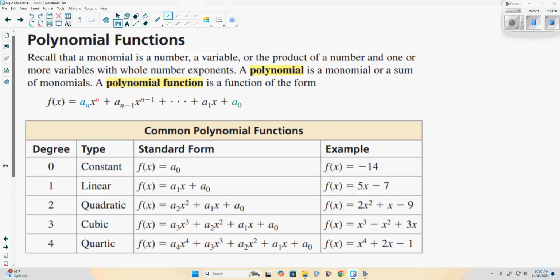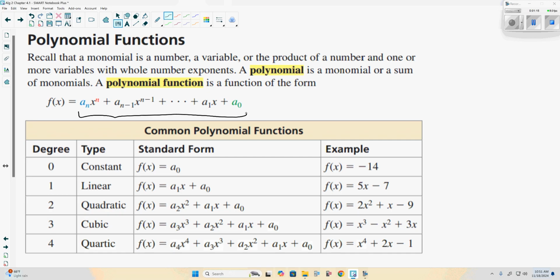So this first page here, recall that a monomial is a number, a variable, or the product of a number and one or more variables with a whole number exponent. A polynomial is a sum of monomials, a sum of multiple terms. A polynomial function, this here, classifies any and all types of polynomial functions, where our a sub n, a sub n minus 1 is just a number.